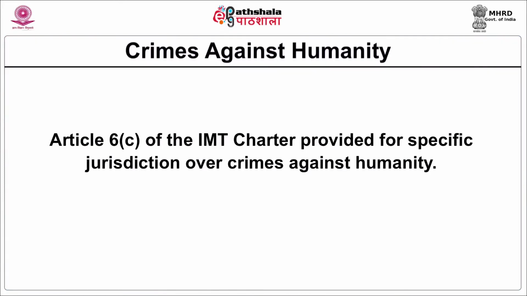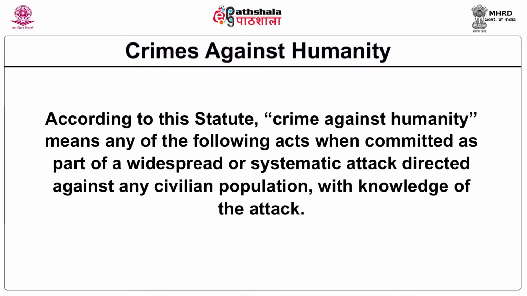People felt that Nazi criminals should not escape punishment only for the lack of a clear definition. Therefore, Article 6, Clause C of the International Military Tribunal's Charter provided for specific jurisdiction over crimes against humanity.